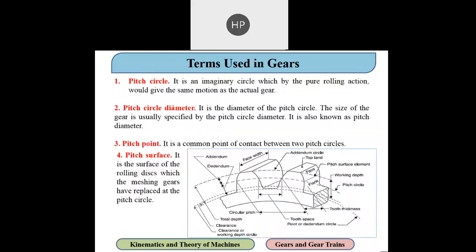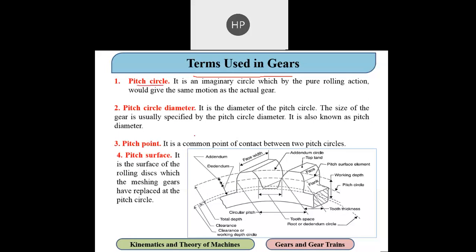And then we started our discussion on the basic terminologies used in gears. A few of them we have already discussed, but we will revise them as a recap of all the terminologies we have discussed so far. First, these four terminologies that we see on this screen are based upon the pitch.